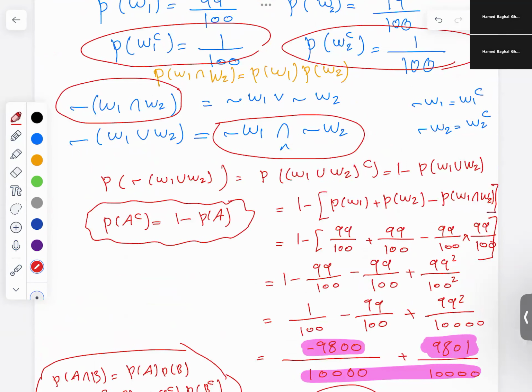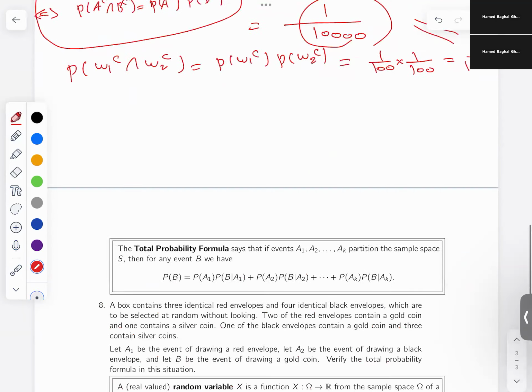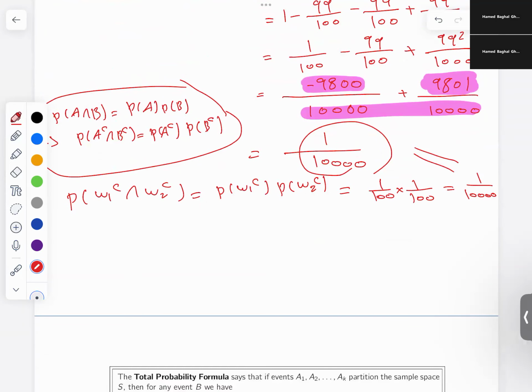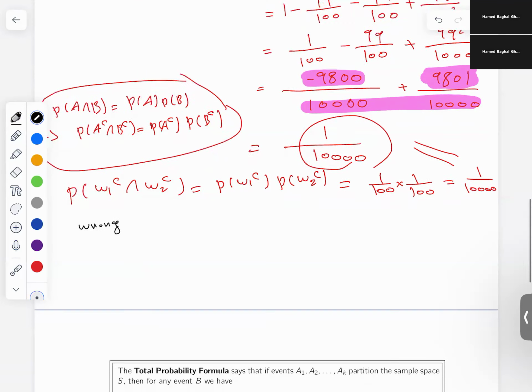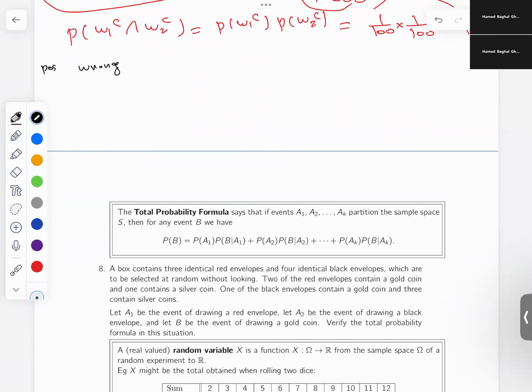Is it possible to go with this one? Let's try with this one. So let's assume that we don't know the meaning of the neither. Possible wrong answer. So probability of negation of W1 intersection W2 is 1 minus probability of W1 W2.